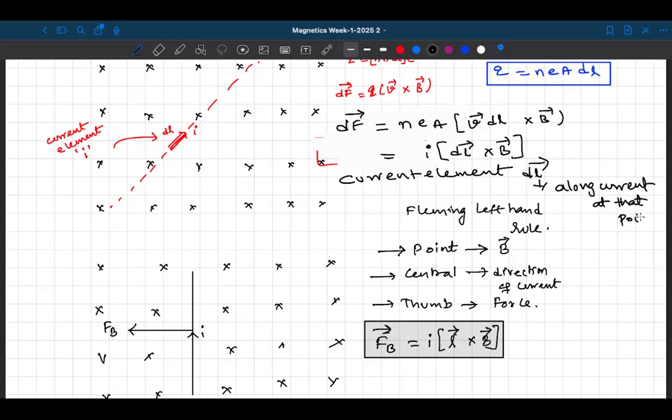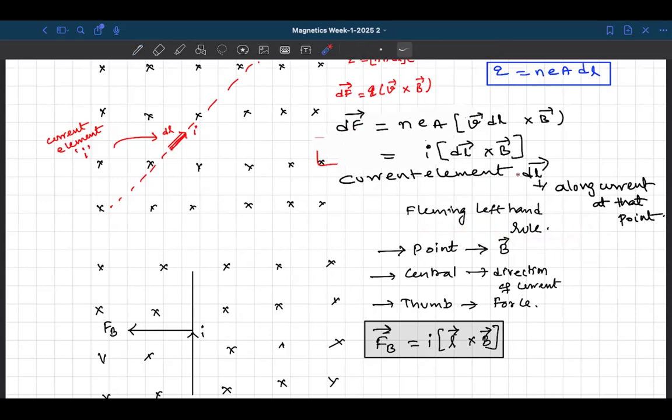And don't forget this. Now you can apply Fleming's left hand rule for this also. How? Again, stretch your left hand three fingers such that the pointing finger shows B bar, the central finger shows the current direction, and the thumb shows the force acting on this element.